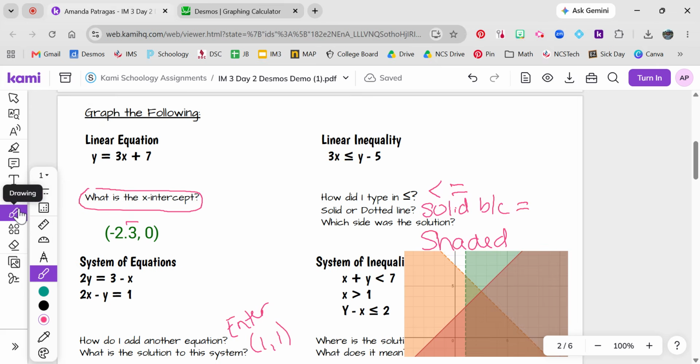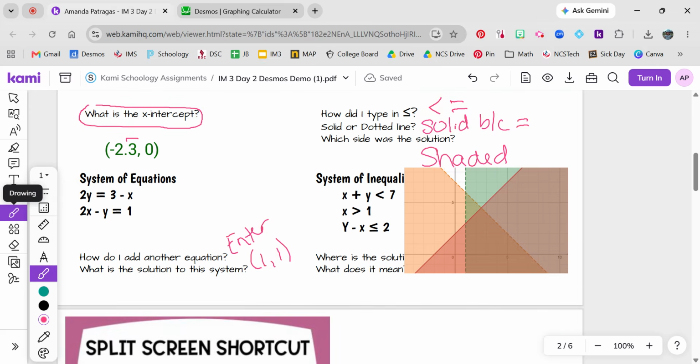Here, our red shading shows up below this line. Our green shading shows up this side of that dotted line. And our orange shading is below this line.